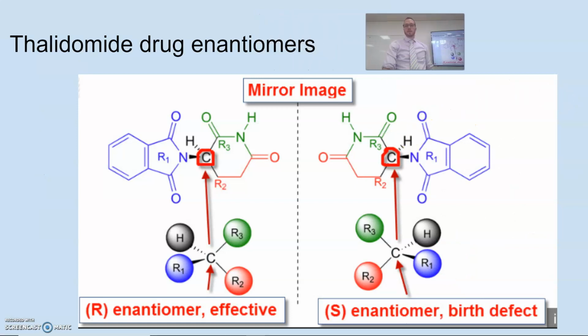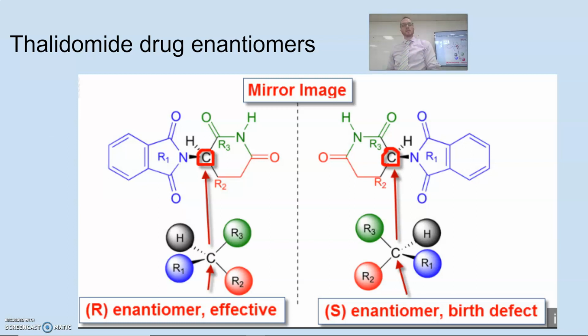All right. And let's talk about a particular drug example. This is a drug called thalidomide. Have you heard of it? Probably heard of it in great detail. One of them was considered to cure morning sickness. The other, stereoselectivity, binds to different receptors within the body, causes significant birth defects.